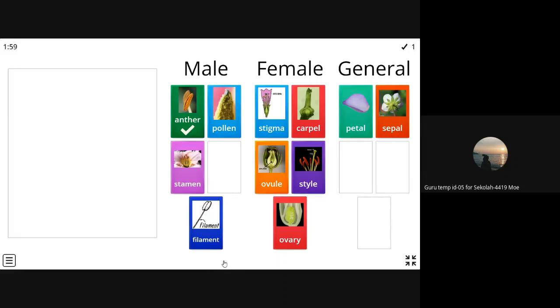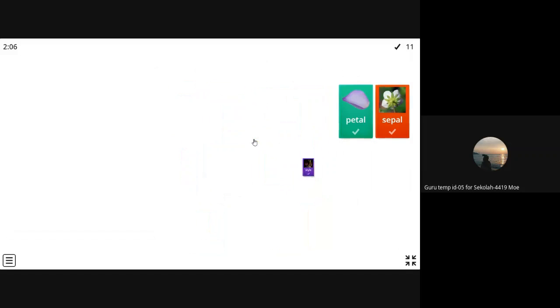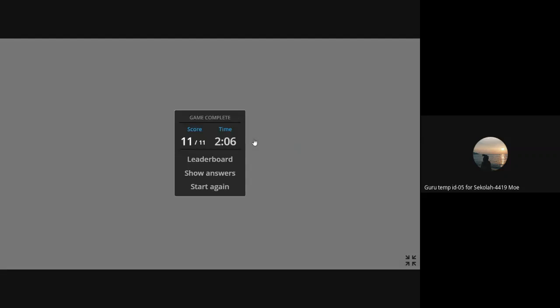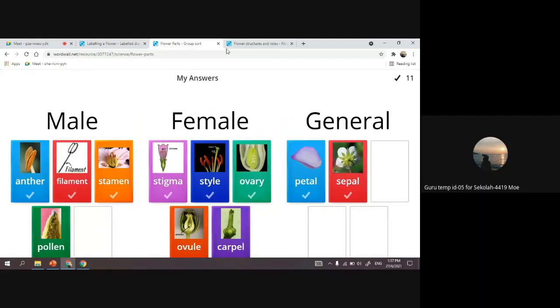Okay, so all correct. Okay, so for this one you must know, okay, which one is male, which one is female, and which one is general. Okay, so general ada dua sahaja iaitu petal and sepal. So male and female must know lah. Alright.